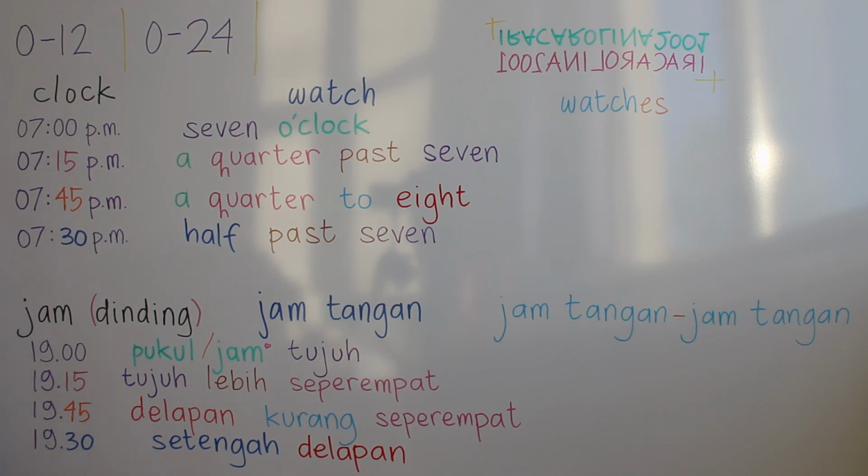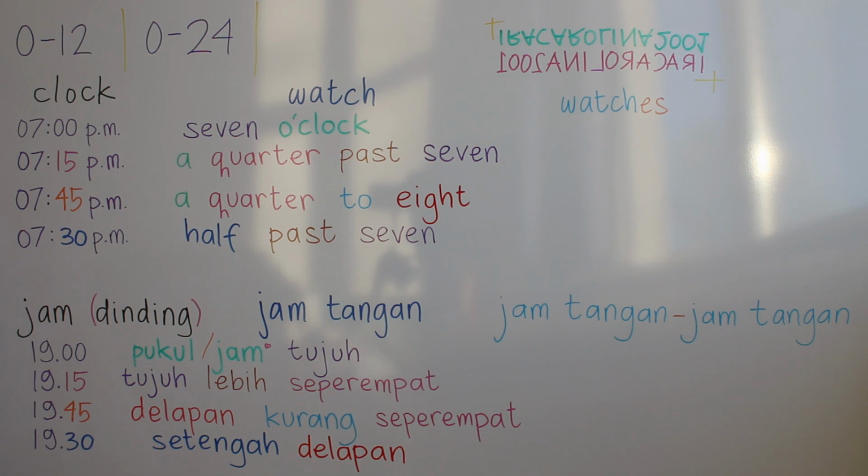The easy way is just adding 12 whenever you see the PM. So 7 plus 12 becomes 19. And when we want to know what time it is, you subtract 12 from this number, so it becomes 7 p.m.